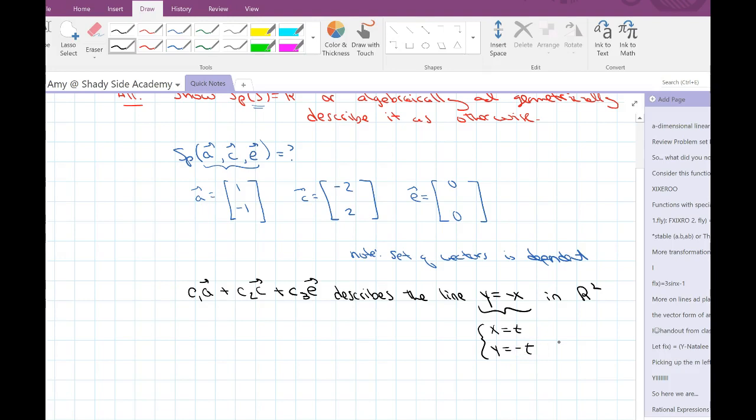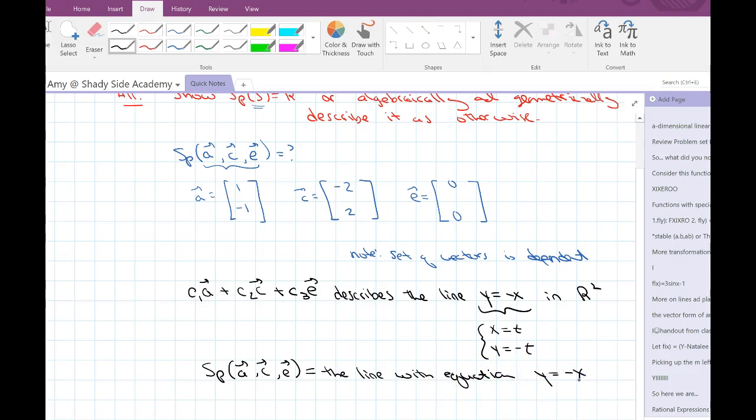Okay, so to answer the question, the span of vector A, vector C, vector E is just equal to the line with equation y equals negative x.